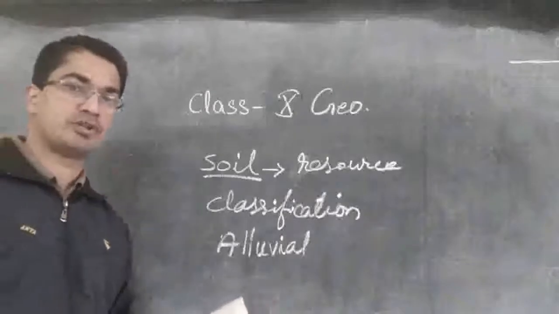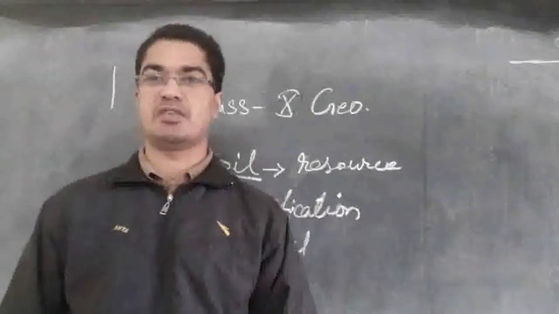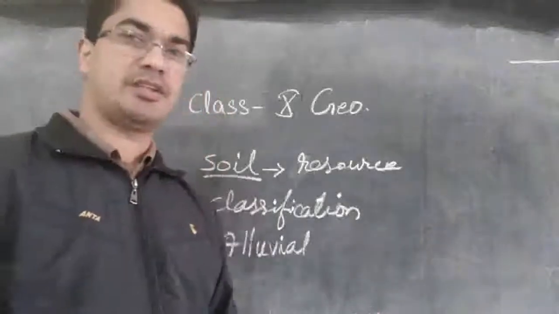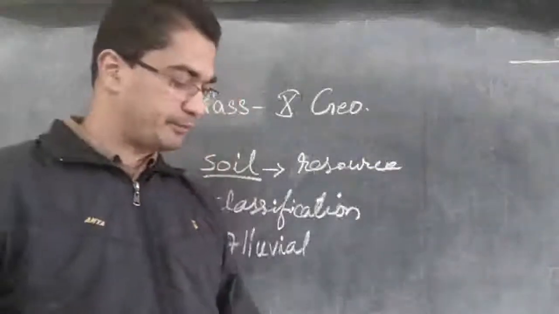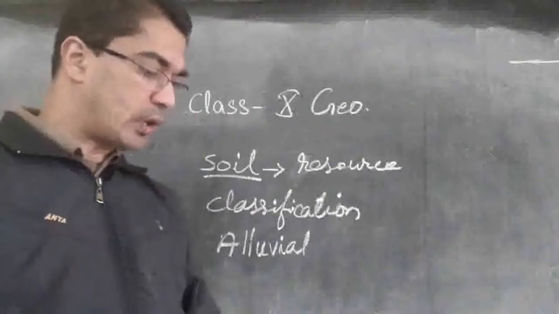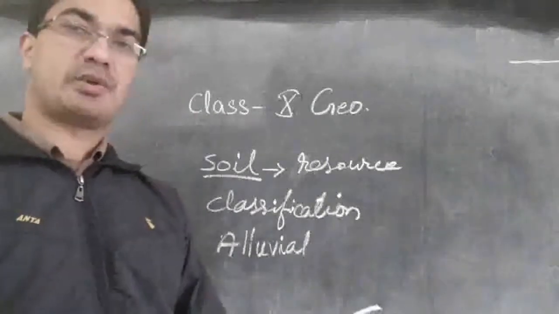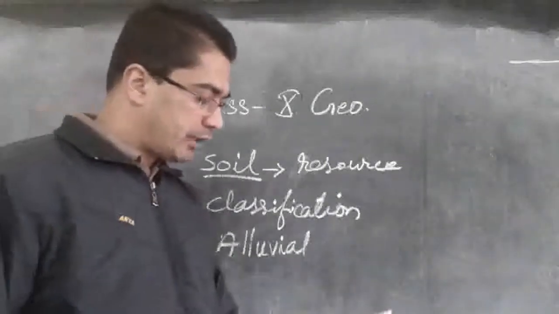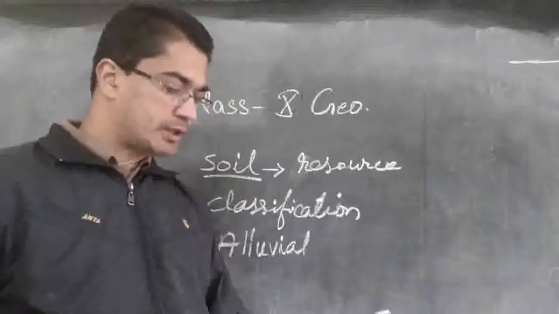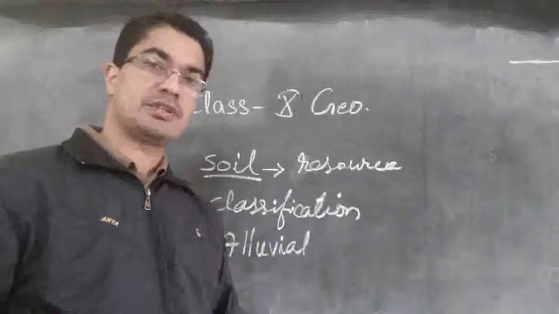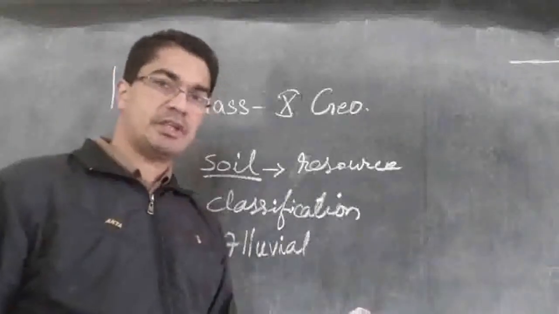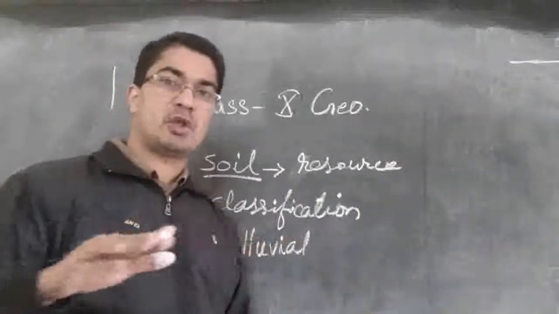Alluvial soil is the most important soil found in India, and it is very rich and we can use it for cultivation. So this is the most widely spread and important soil. In fact, the entire northern plains are made of alluvial soil. We studied that after the Himalayas come the northern plains.